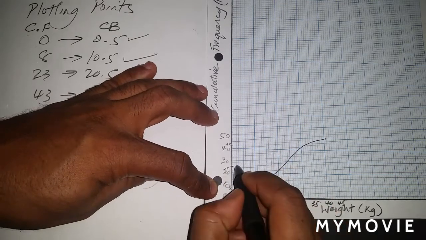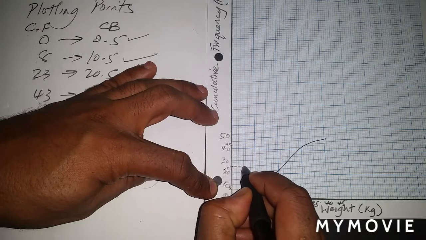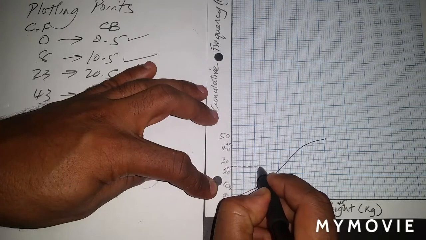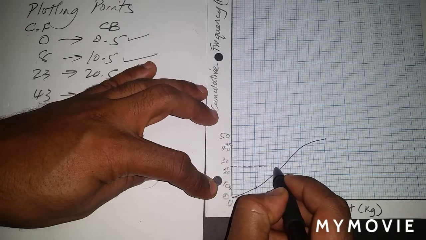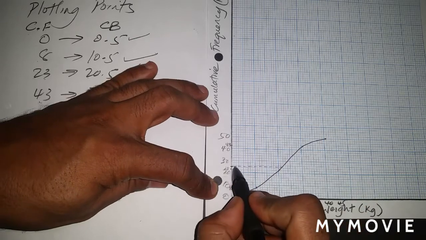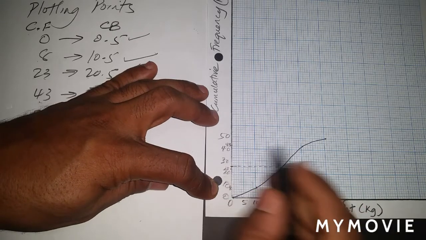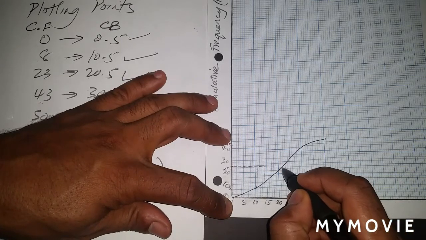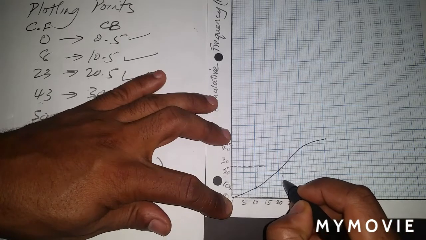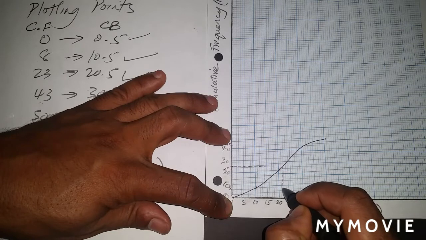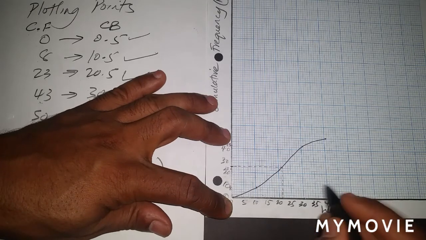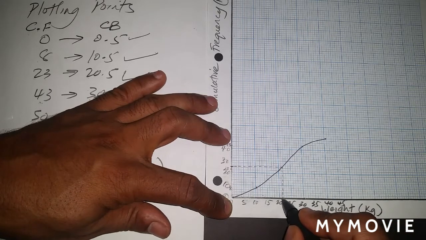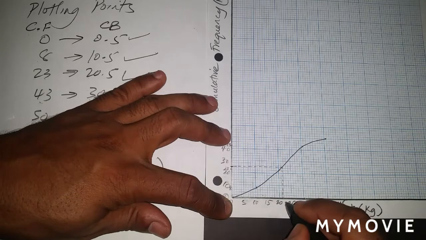So we're just going to come across using preferably a straight edge to the curve. You should use a straight edge, but for speed I'm just going to do this. And sometimes when we're doing this, you have a tendency to lean to one of these lines. You don't want to do that. All right, and just come down as best as you can. I'm just doing this for emphasis. So this is now 20, 21, 22, 23, 24, 25. So this is 20, 21. This will be 22, so it's 21.5.